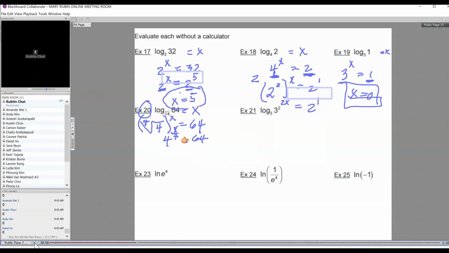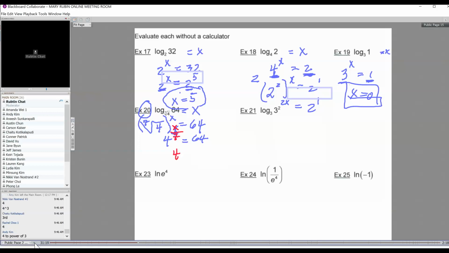So you look at the bigger one, typically. What base could I rewrite 64 as to get 4? You can just shout this out. I don't need you to wait. Very nice. So 4 cubed is 64.